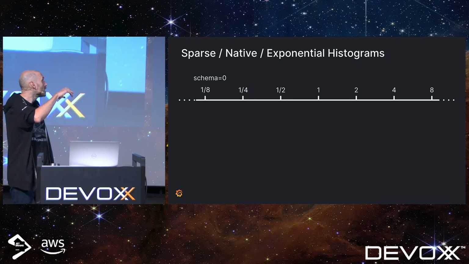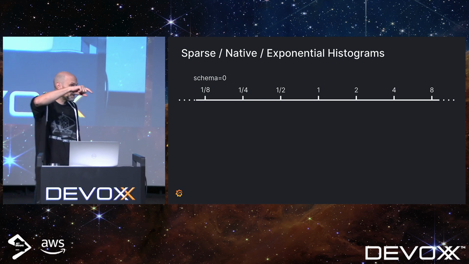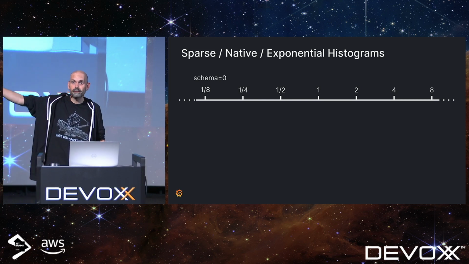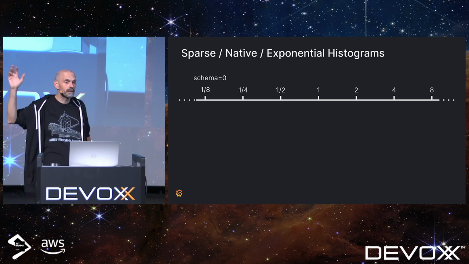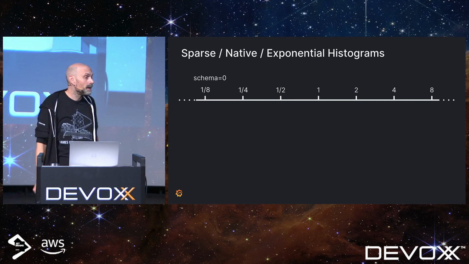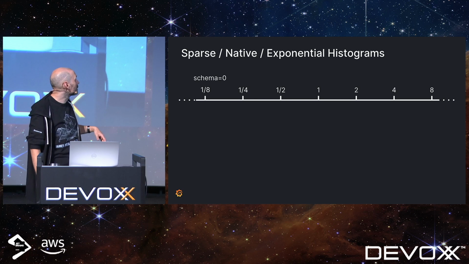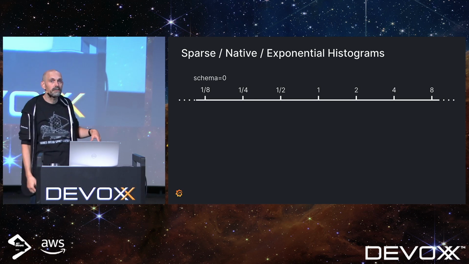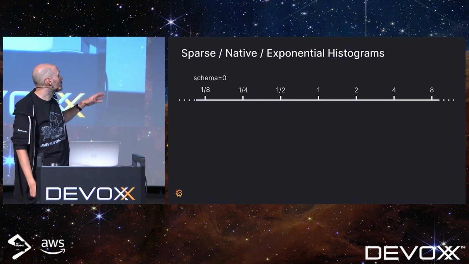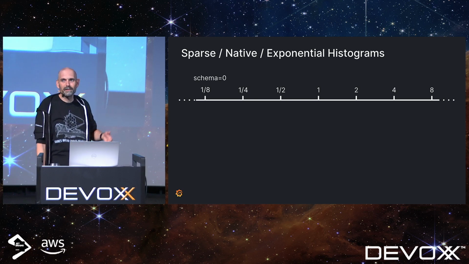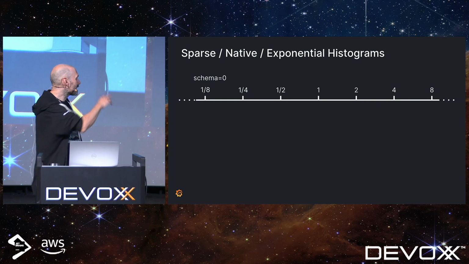And the good news is that what's done in OpenTelemetry metrics is even compatible with Prometheus metrics. So it's looking pretty good. The name hasn't converged yet. OpenTelemetry calls these things exponential histograms. Prometheus calls them sparse histograms or sometimes native histograms. So maybe this will converge in the future. But the underlying idea is the same.